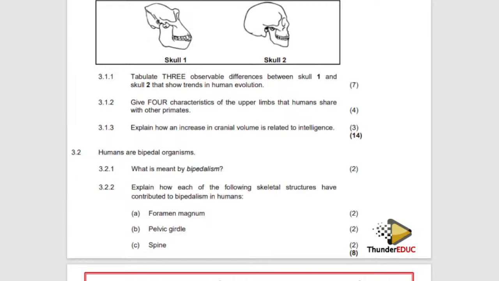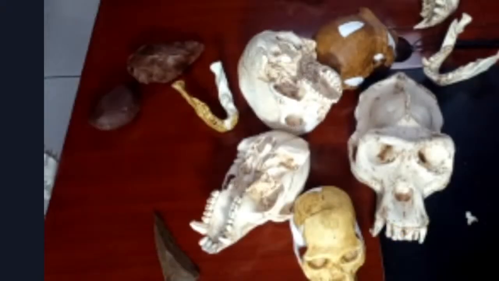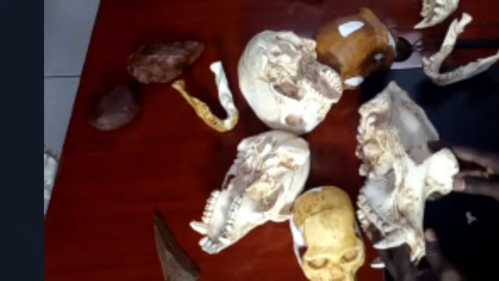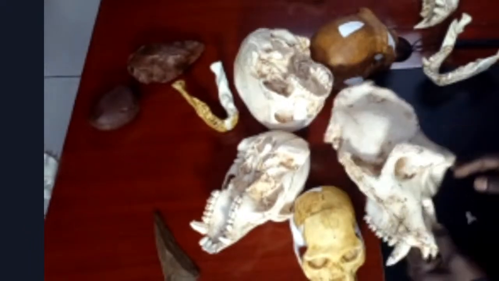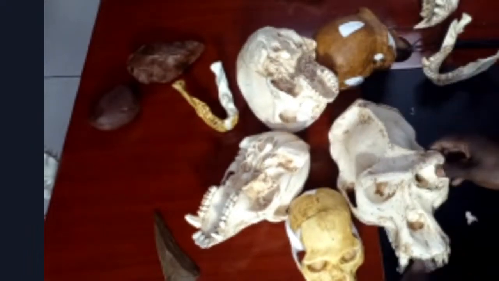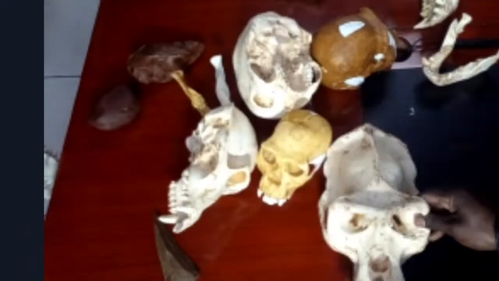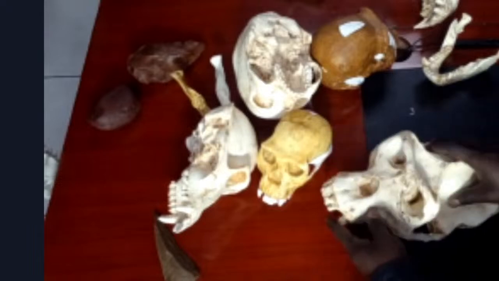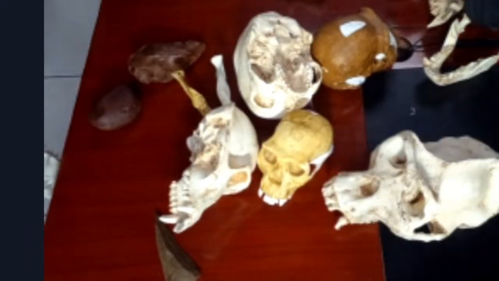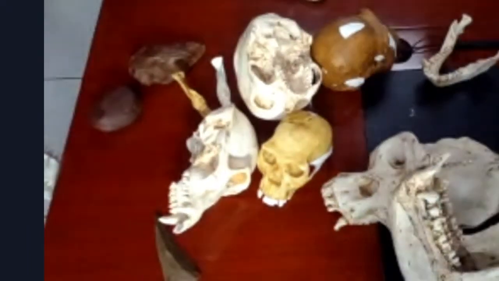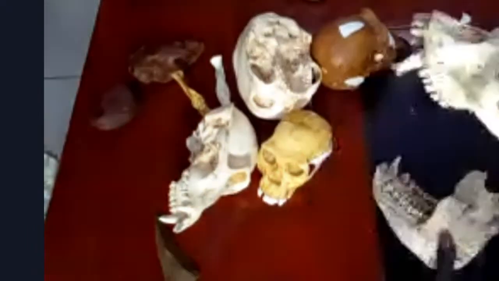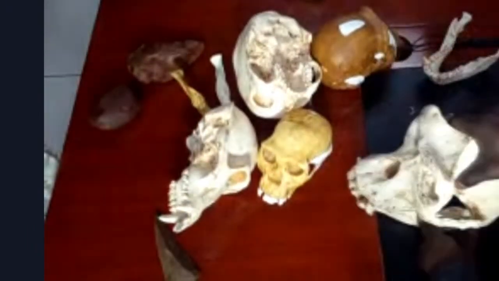Look at the skull. Skull 1 looks to be this, but they have made it like that. You understand?